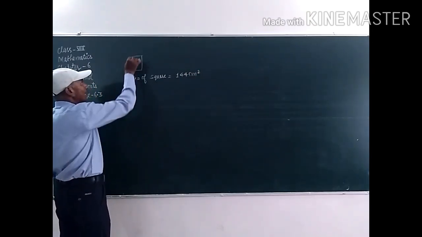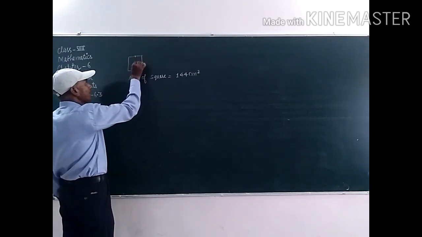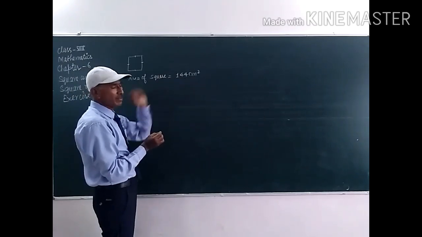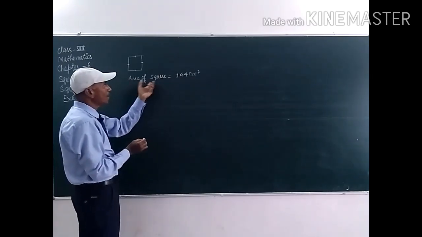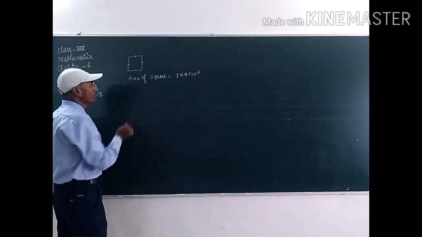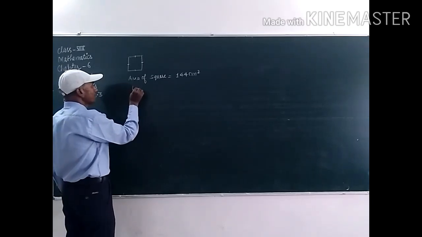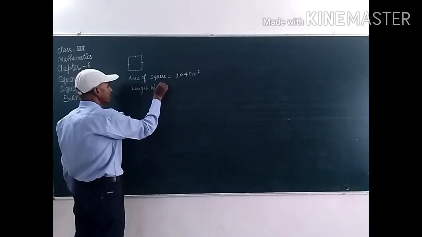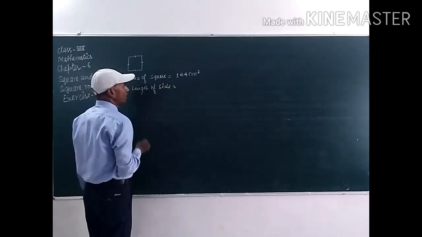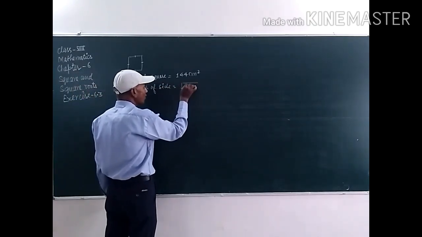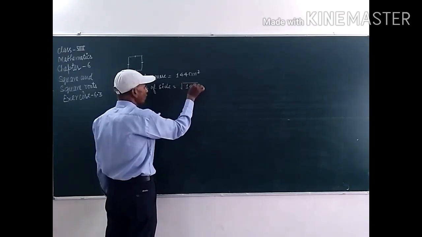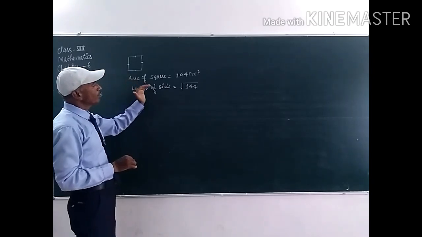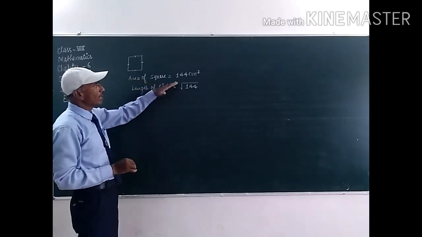To find the length of its side, we have to find the square root of 144, the square root of the area of this field. So the length of the side is equal to the square root of 144. Clear, friend?